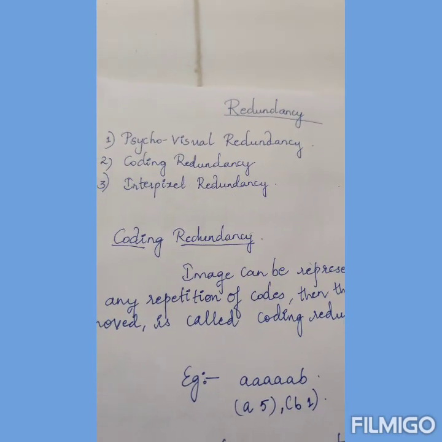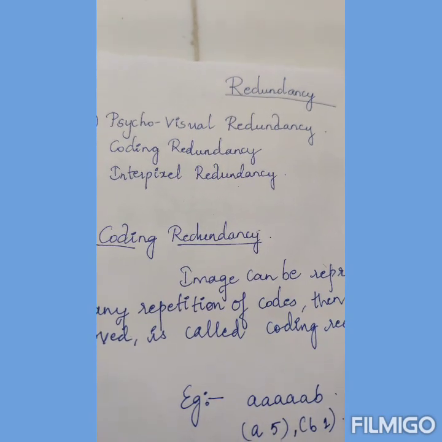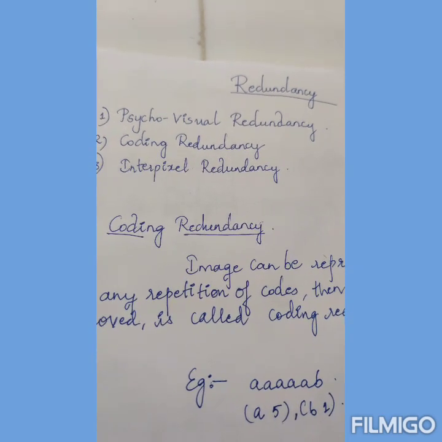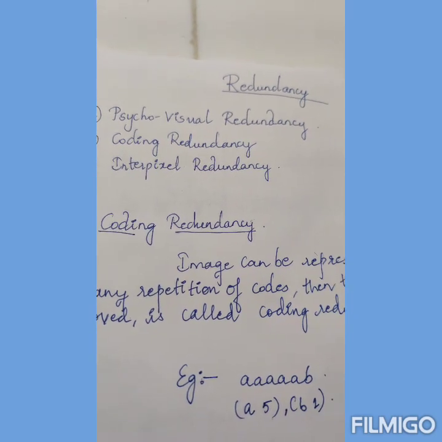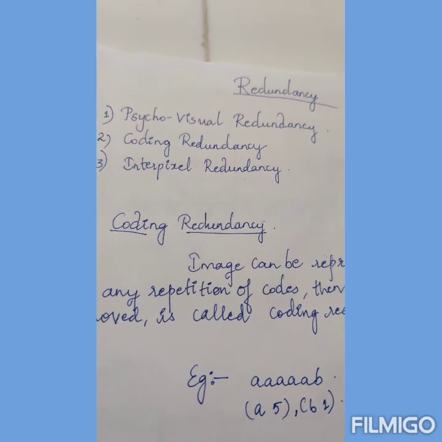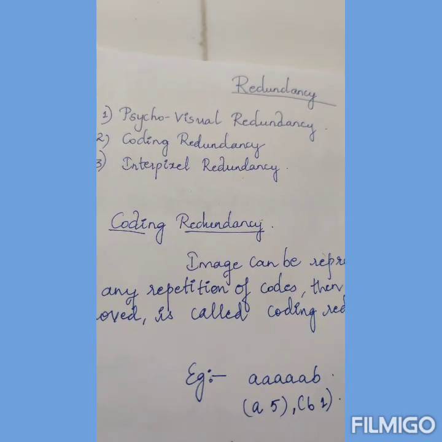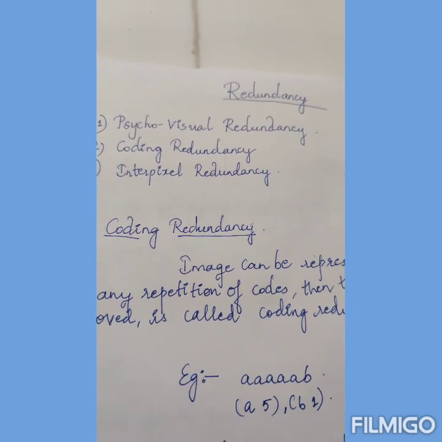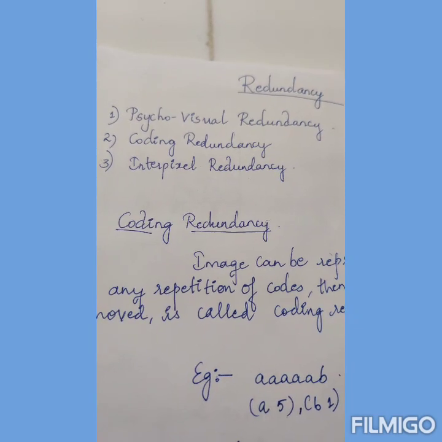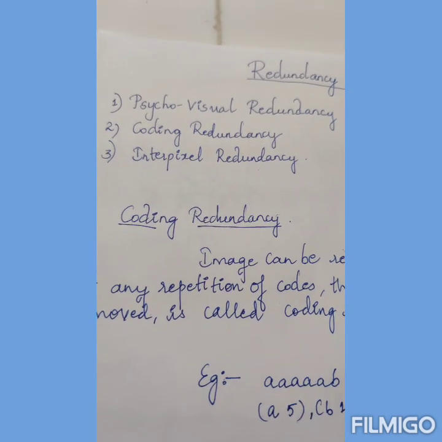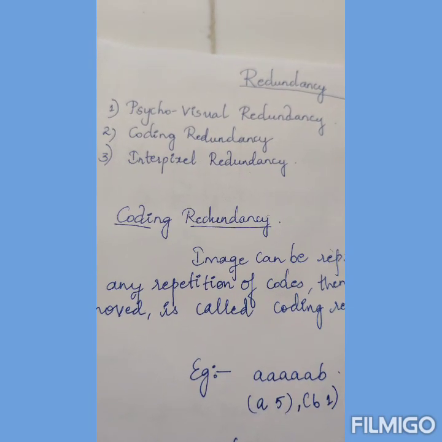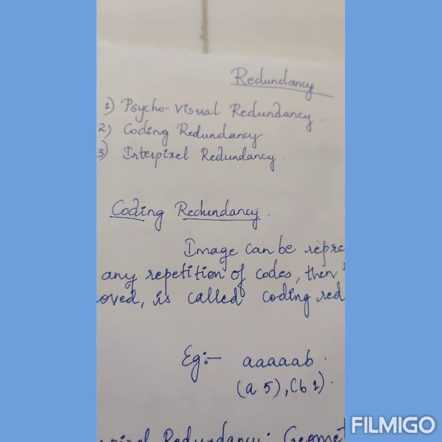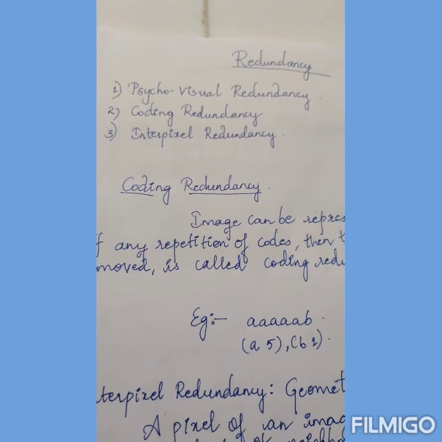Our eye will not detect what is missing in the second image. With our eyes we cannot detect that particular redundancy which has been removed.